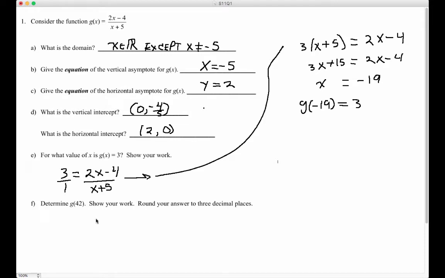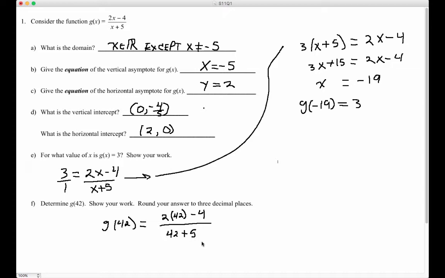Okay, determine g of 42, and they want us to show all of our work, and then round our answer to 3 decimal places. So to do that, g of 42 says plug 42 in wherever you find an x. So that's 2 times 42 minus 4, divided by 42 plus 5.